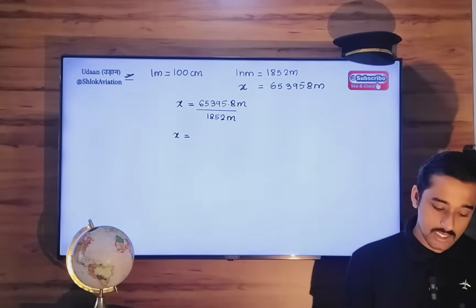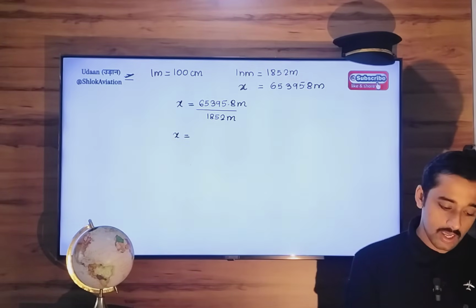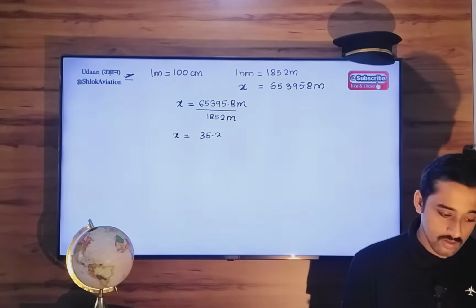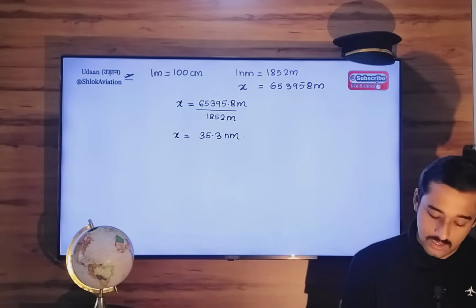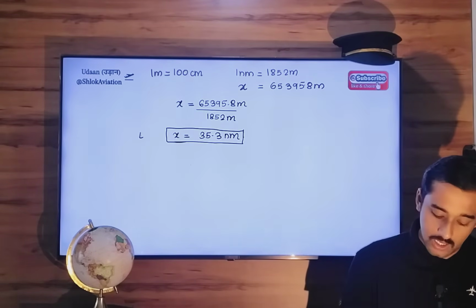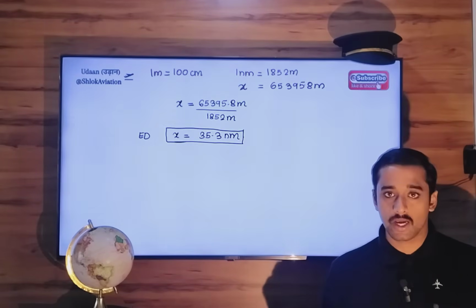So the answer will be 65395.8 divided by 1852 equals 35.3 nautical miles. So your Earth distance, X, is 35.3 or approximately 35 nautical miles.